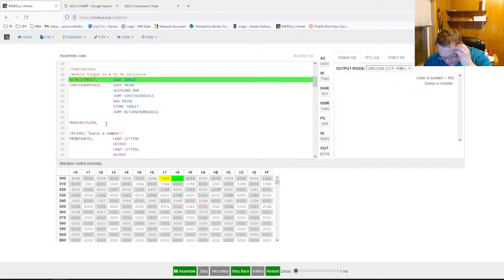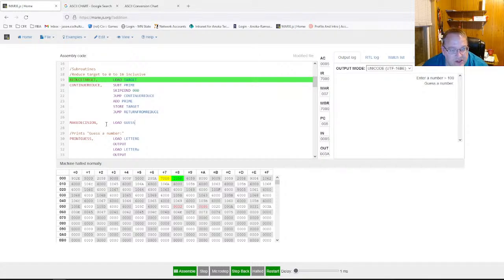Okay, so we need to figure out if it's lower than, higher than, or equal to our target. Okay, so the first thing we'll do is subtract the target. Well, first, because we don't know for sure, we're going to load our guess.